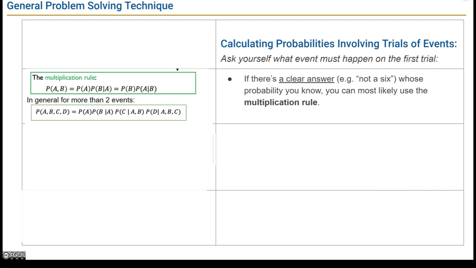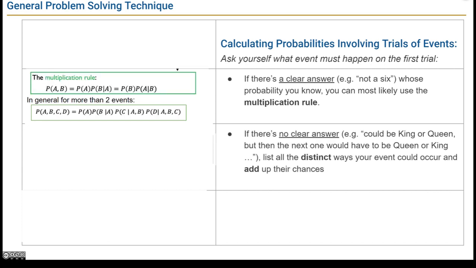Okay. Now, a lot of times it won't be clear. There's going to be multiple things that could happen on the first trial, and I'm still wanting to calculate a probability. So in that case, if, for example, the first trial could be a king or a queen, you need to list all the distinct ways your event could occur and add up their chances.